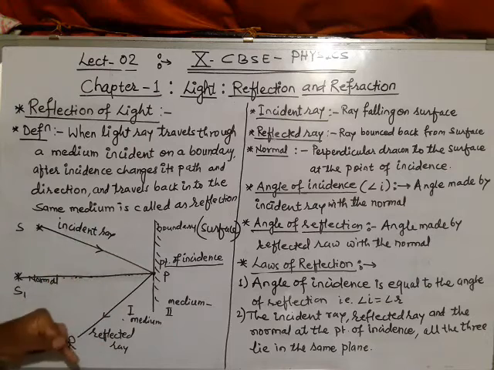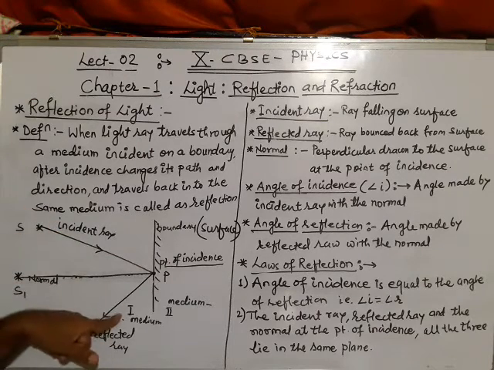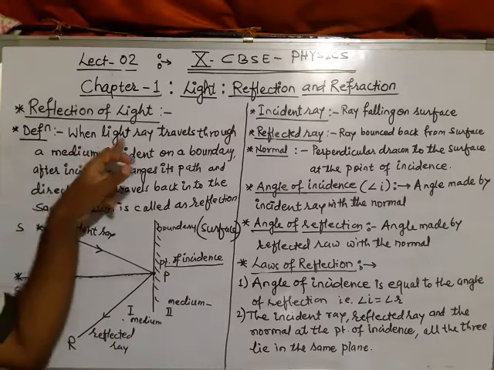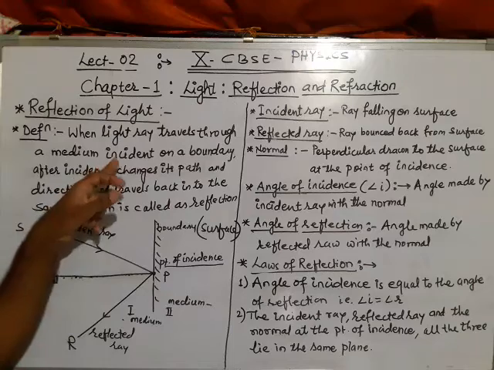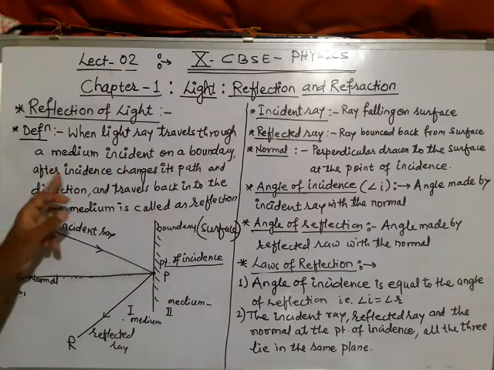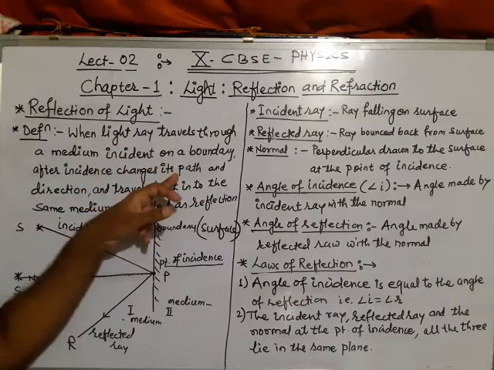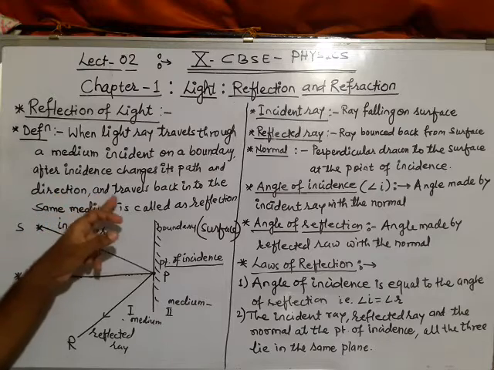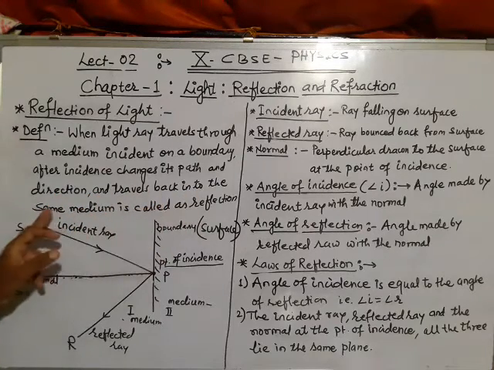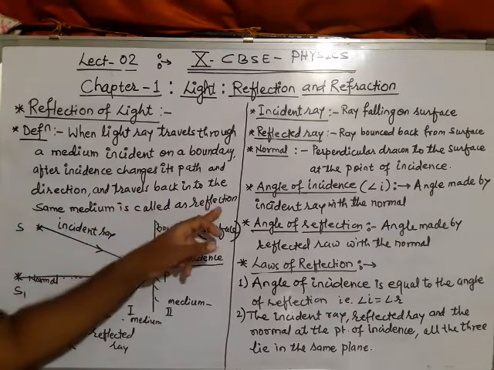But remember, the incident ray and reflected ray remain in the same medium, that is, in medium 1. Therefore, when a light ray travels through a medium and is incident on a boundary, after incidence it changes its path and direction and travels back into the same medium, this is called reflection.